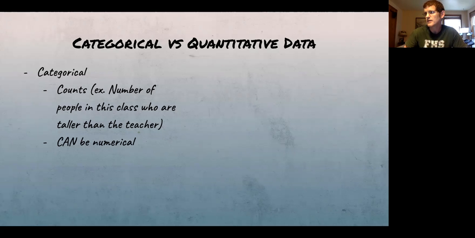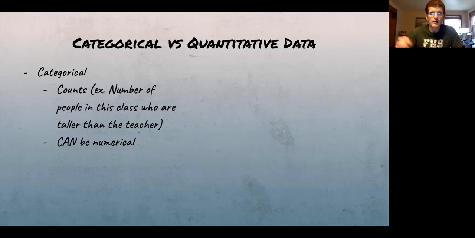If there was no other context given, I would say normally it's quantitative. How many siblings do you have? It's a number. But the reason some of you are saying categorical is that when I asked you the question in the bell work, I turned that quantitative variable into a categorical one.